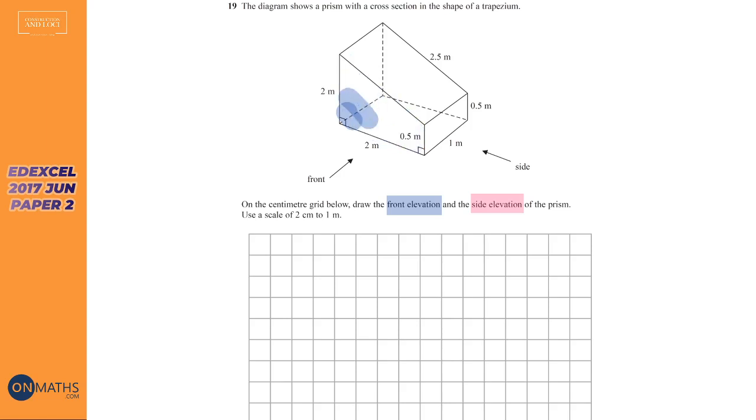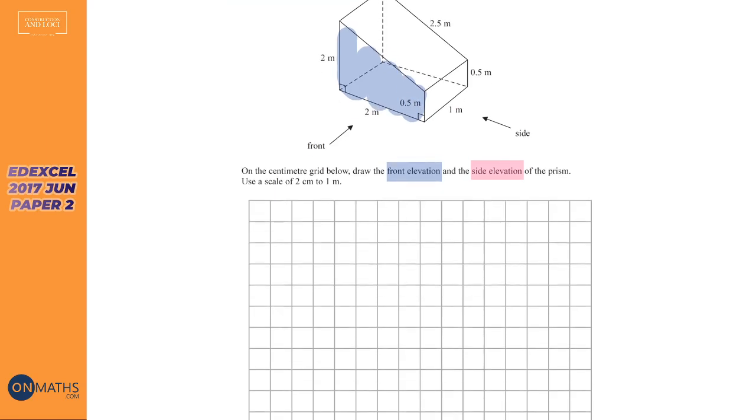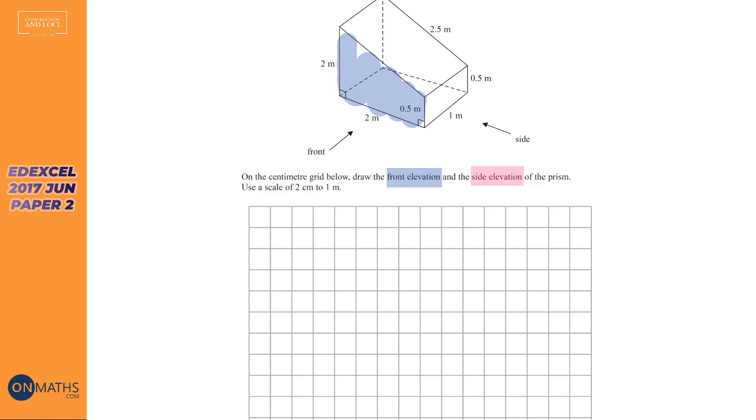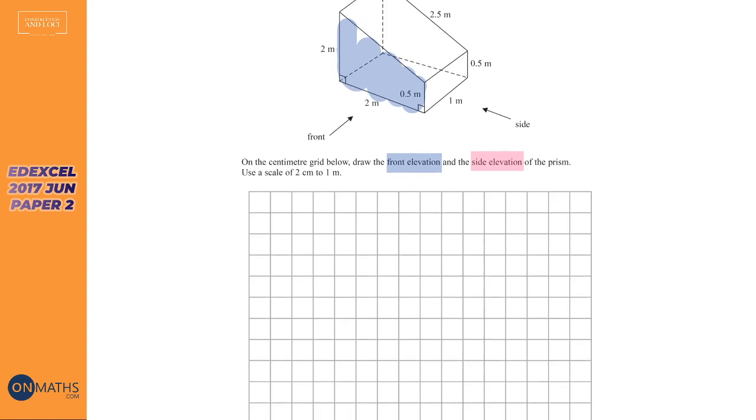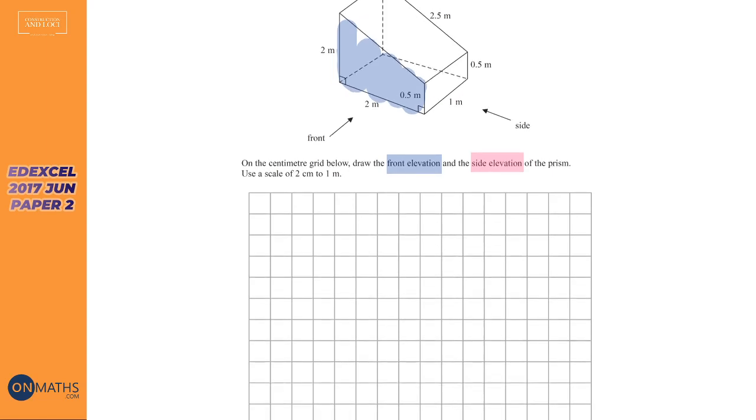Let's try a little bit better shading. So this bit here. Okay, and remember this needs to be two-dimensional. As soon as you draw a little bit of a 3D line for artistic purposes, you will lose your marks. So it has to be a 2D representation and it needs to be to scale.